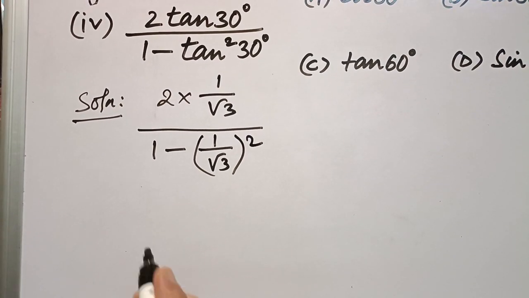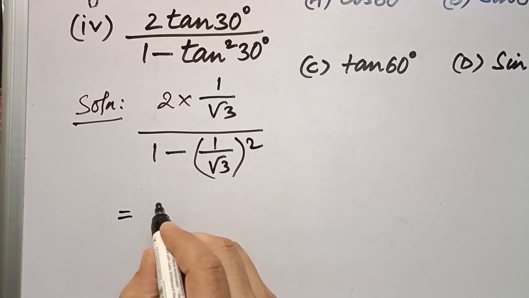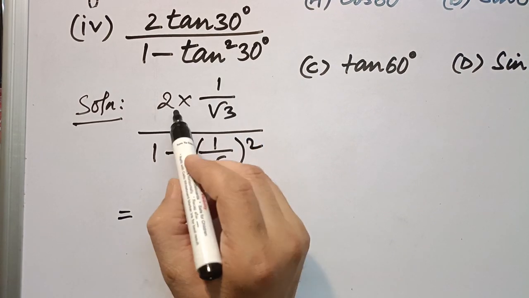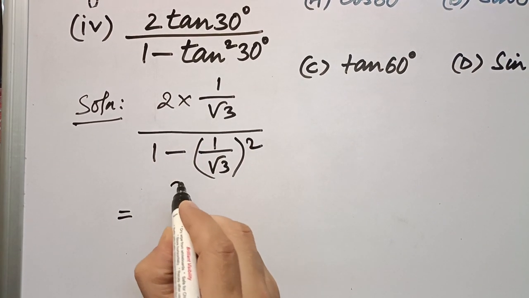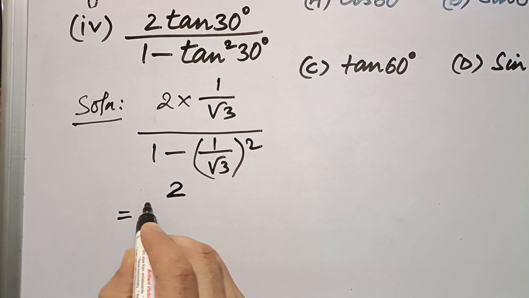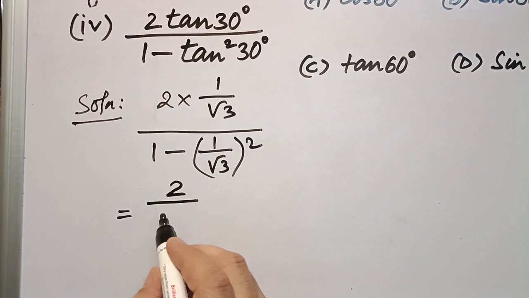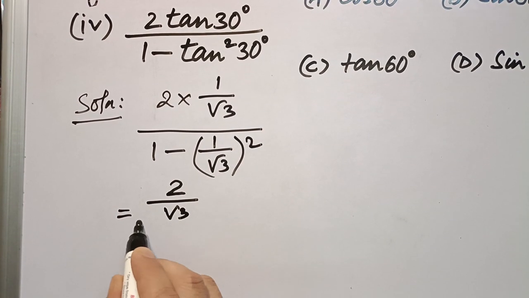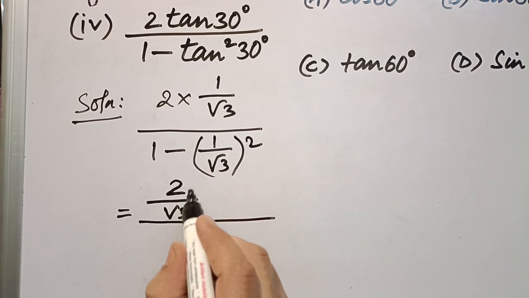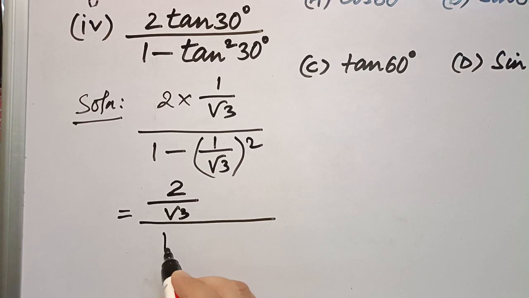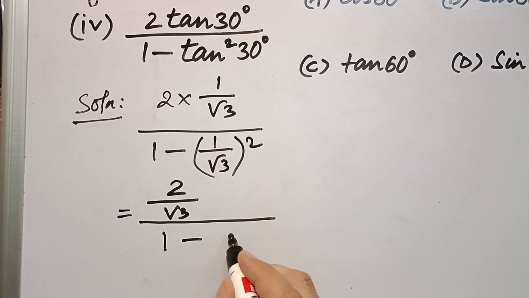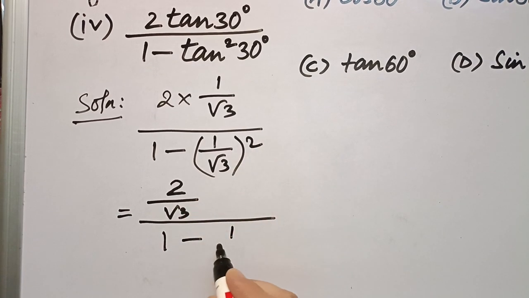Let us simplify. If you multiply these two, 2 into 1 will be 2, and in the denominator this will be root 3. For this one, 1 minus 1 square will give you 1, and root 3 square will give you 3.